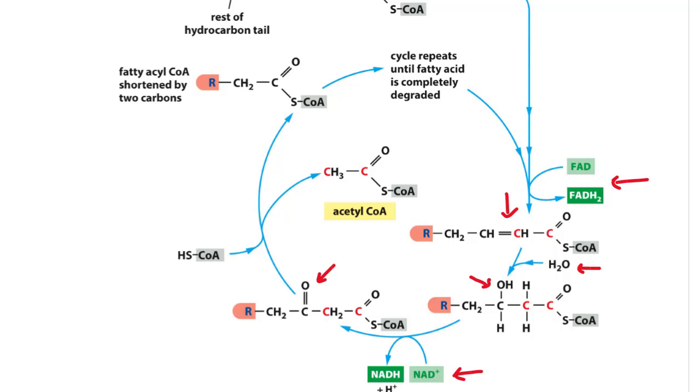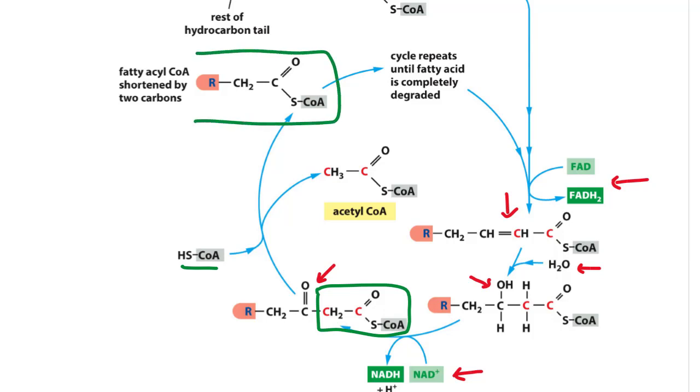Now what you have is this part right here, I'm going to circle it with green, is going to be cleaved off, and then another CoA group comes in, and you get back basically to where you started from. Except the activated fatty acid, the fatty acyl-CoA, is shortened by 2 carbons.